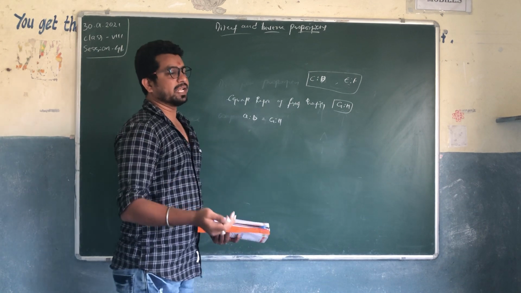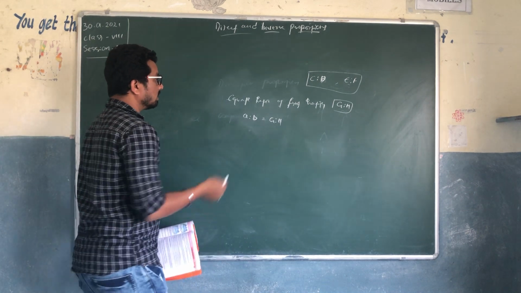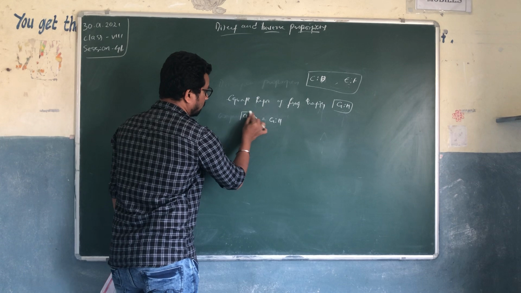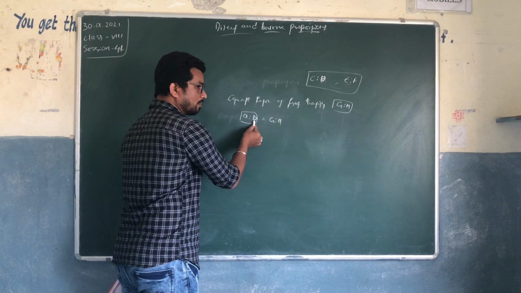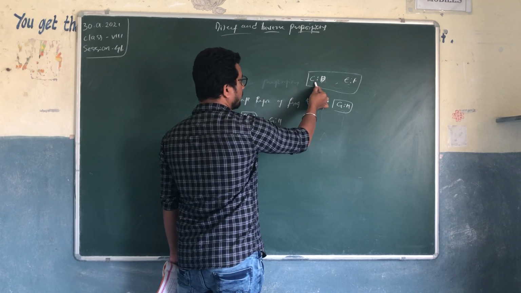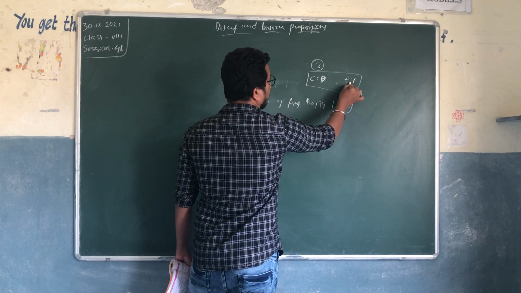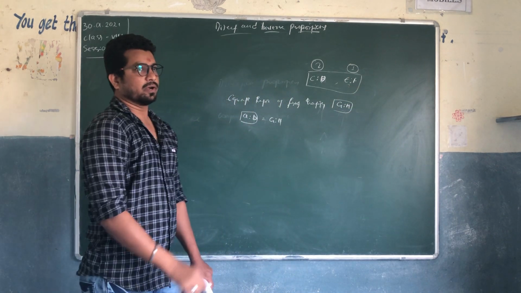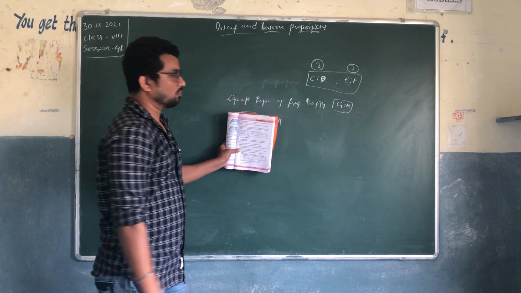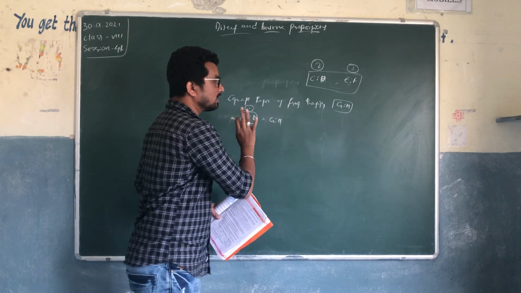The ratio of the first quantity is A is to B, the ratio of the second quantity is C is to D, and the ratio of the third quantity is E is to F. Keep 1 as it is.